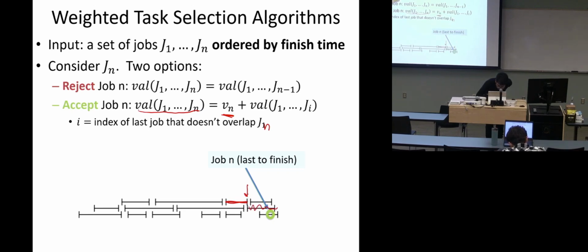And this one is overlapping with Jn. So what we should do is look at the last job that doesn't overlap with Jn, this one, and recurse on everything from here. Basically, we just need to reject these two.